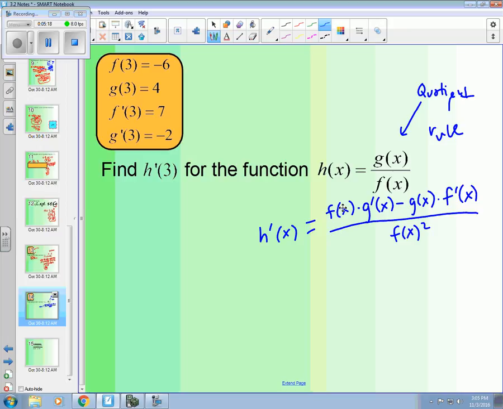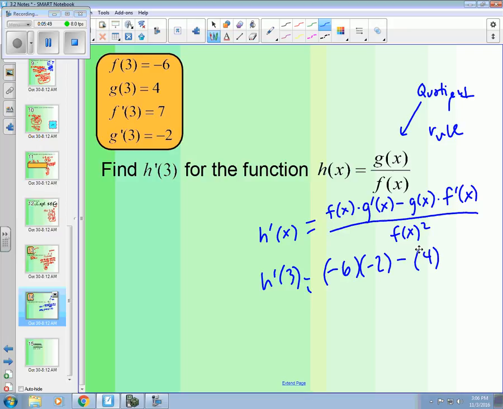Okay, again, substitute in the values now. We want to find this at 3, so wherever there's an x, put a 3, and we can do that. f of 3 for this one is going to be negative 6. The derivative of g at 3 is going to be negative 2, minus g at 3, which is going to be 4.